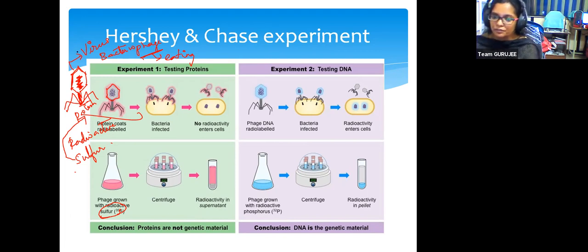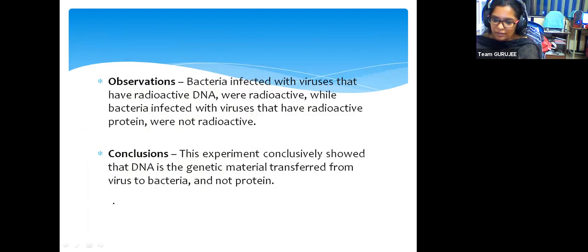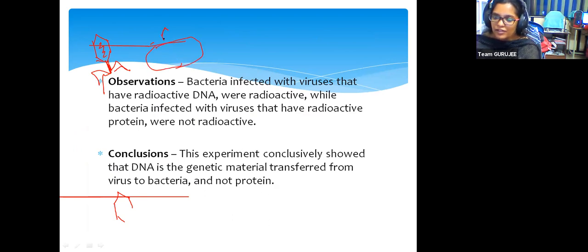This is the bacteriophage, and this is the DNA inside it. The bacteriophage will come, and the first step is attachment.